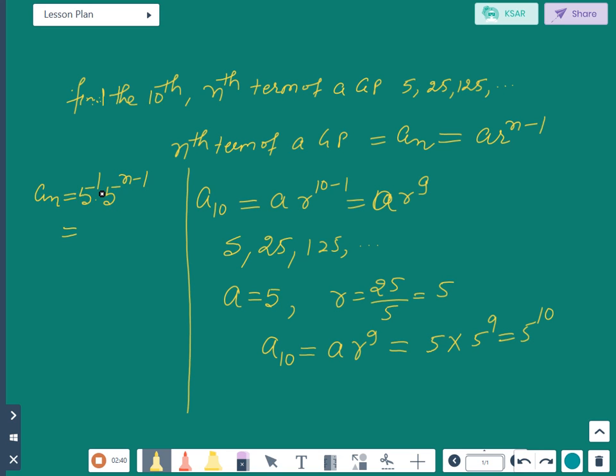Simplifying with the law of exponents, a power x into a power y equals a power x plus y, it becomes n minus 1 plus 1, and the result is 5 power n, that is the nth term. अब आप इससे किसी भी टर्म को डिस्क्राइब कर सकते हो. There are two questions, both of which we have solved here: the nth term and the 10th term of a GP.